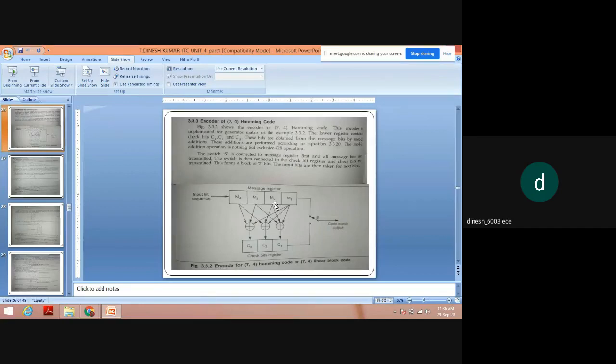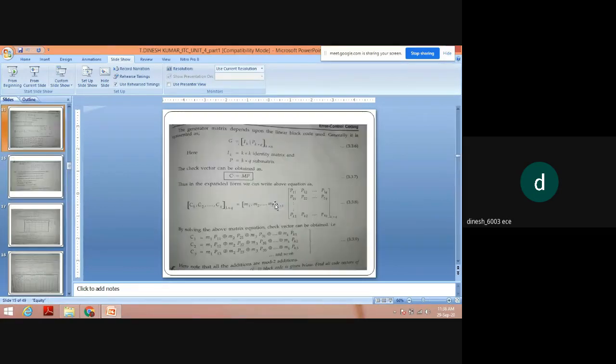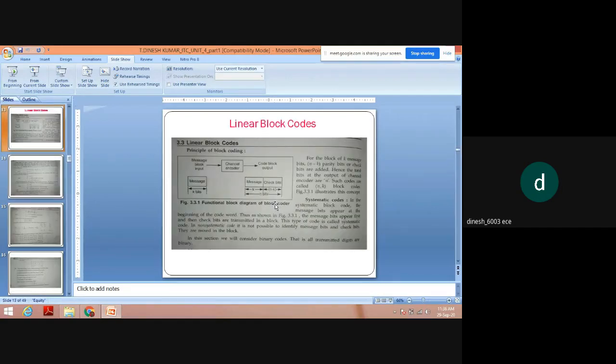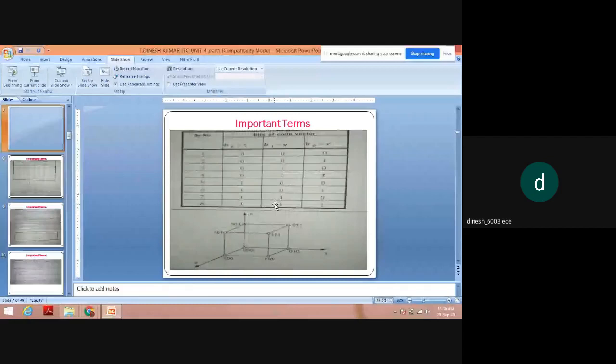Cyclic codes will be much easier when you are familiar with these basic concepts. The syllabus for Unit 4 and Unit 5 is very big. This is just the part 1 presentation.